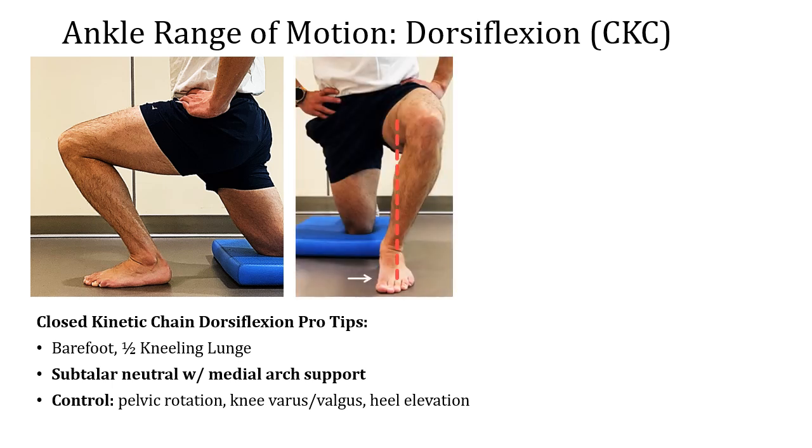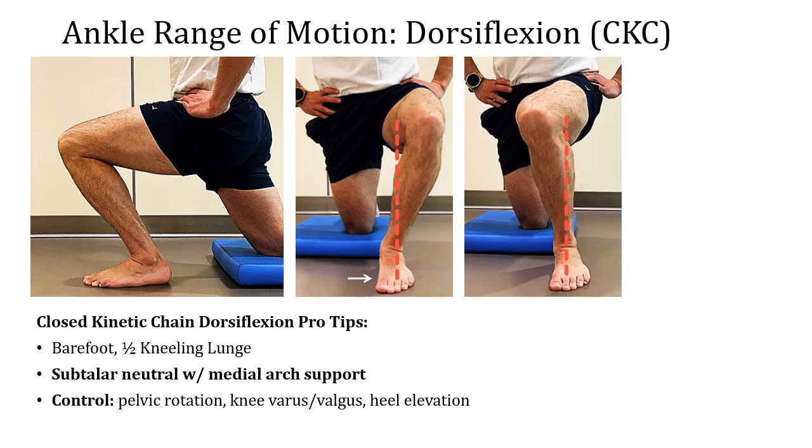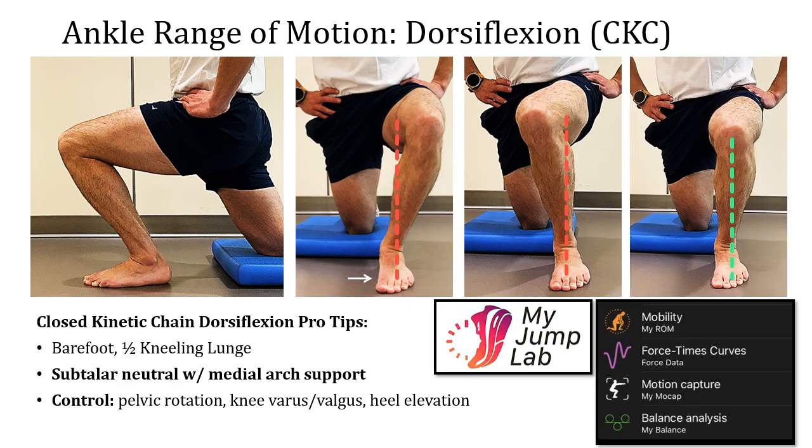Typically, I also see this is where they will either go into knee varus or a valgus position and look to get further range of motion. But really, you want to ensure that you get the midline of their patella through the long axis of their foot, be it at their third ray or the web space of their second and third toes.